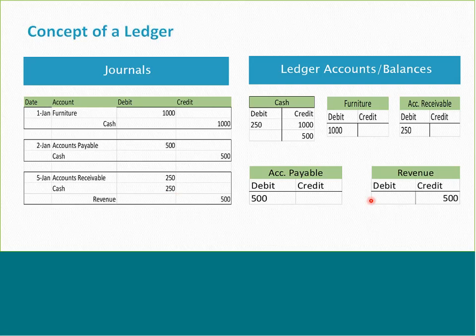When we look at the ledger accounts, we will see that we have a debit of 250 under accounts receivable, and we also have a debit of 250 under the cash account, and we have a credit of $500 under the revenue account.